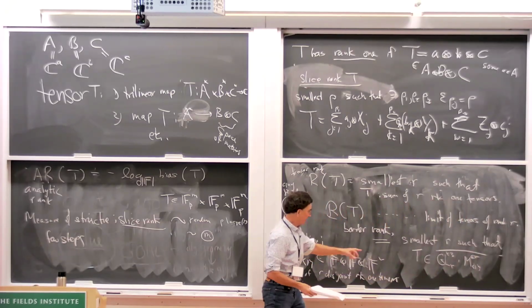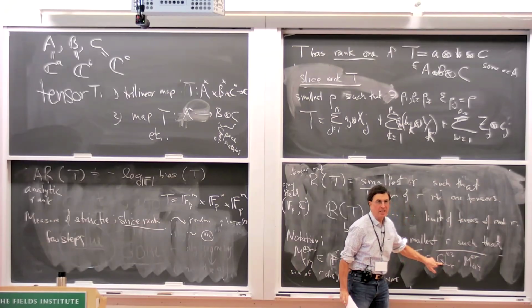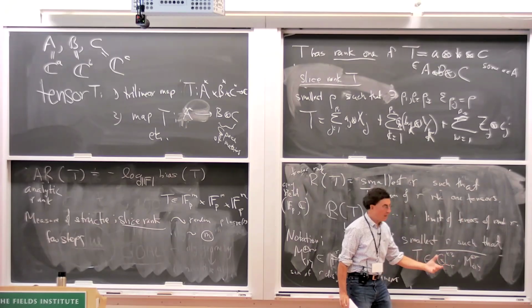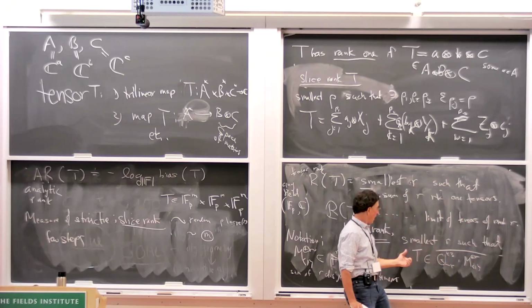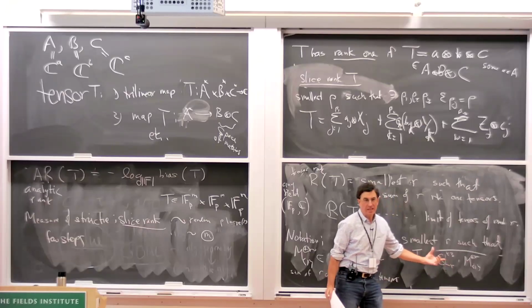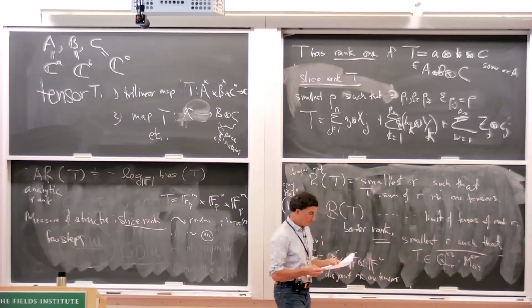So let's unpack this. So this is just the group of changes of bases in an r-dimensional vector space. I have 3 such. So I have 3 types of basis changes I could do. That gives me an orbit. I take its closure. Eventually, if R is large enough, this thing will be in one of these. And I want to know the smallest one that it lives in.